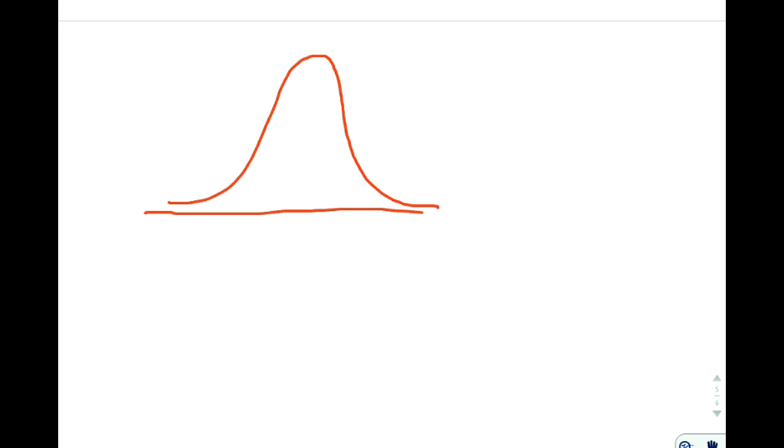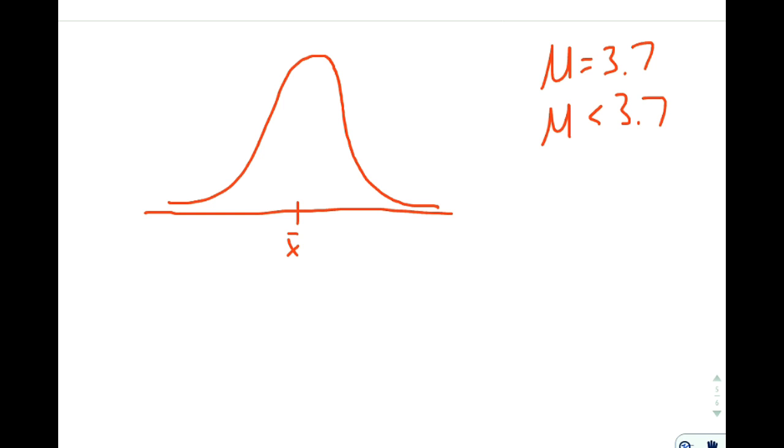So if we go ahead and draw ourselves a normal curve, which we always use to get started here, we're going to put x bar in the middle once again, and we're going to use the same hypothesis statements that we used in the previous example, that mu is equal to 3.7, or, we're not going to say equal to, we're going to say that mu is less than. So our goal is to prove that mu is less than 3.7.